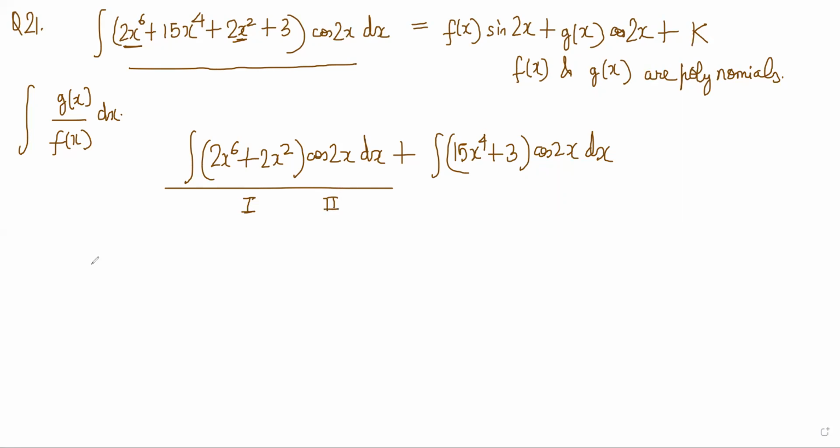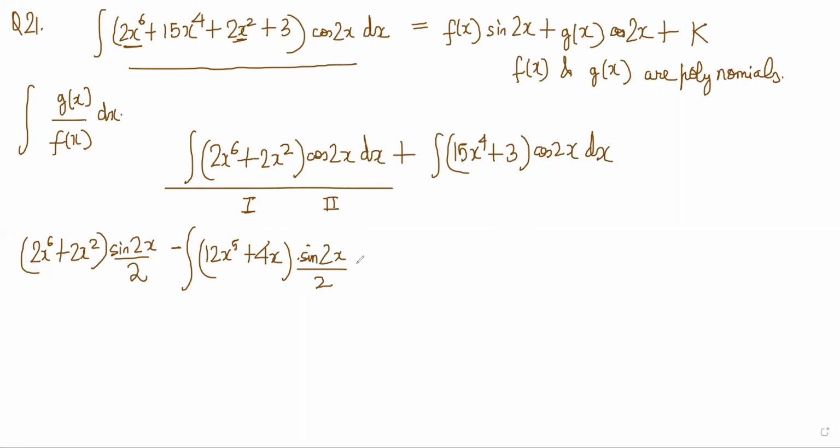And this is the second function. So doing by parts here, I get 2x power 6 plus 2x square, the integral of the second function will be sine 2x by 2, minus the differentiation of this, which will become 12x power 5 plus 4x multiplied by sine 2x by 2 dx. And then I will do integration by parts on this also.